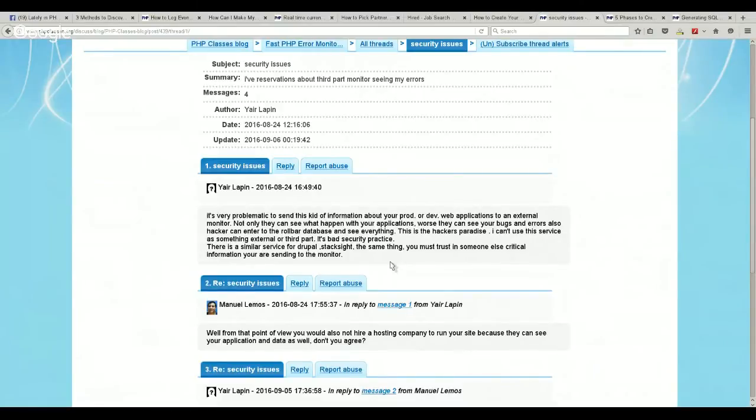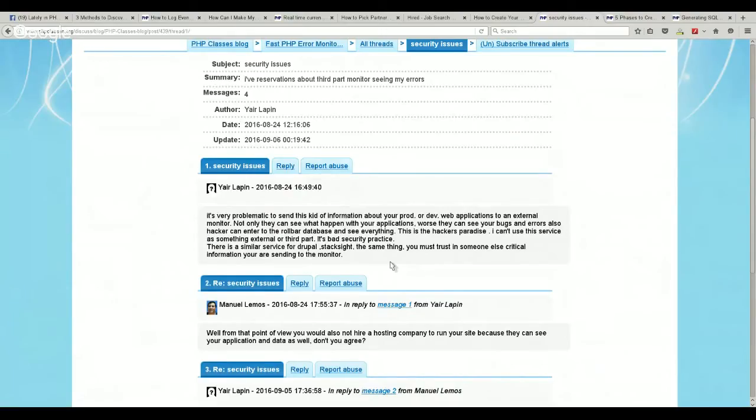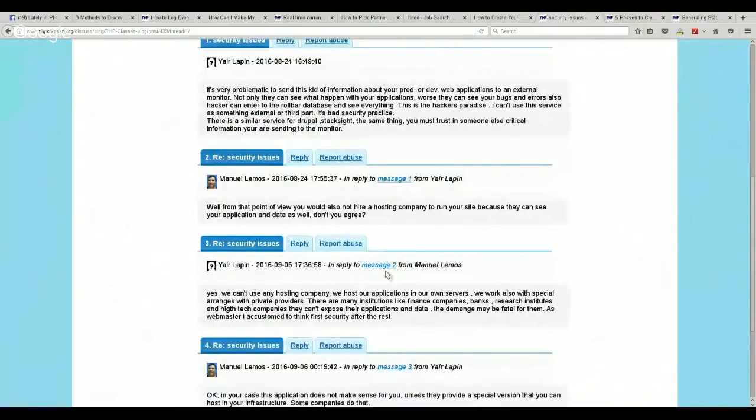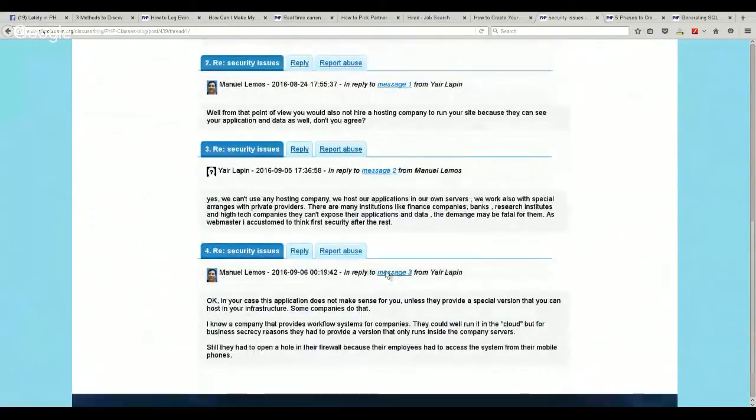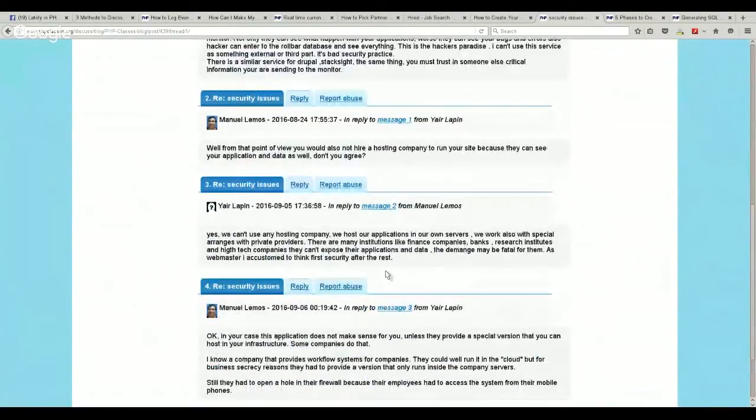unless you own your own web server machine, you probably have those similar concerns with your hosting company. Maybe your hosting company employees can take a look at your application data, and then you would have the same concerns. So it's not different.